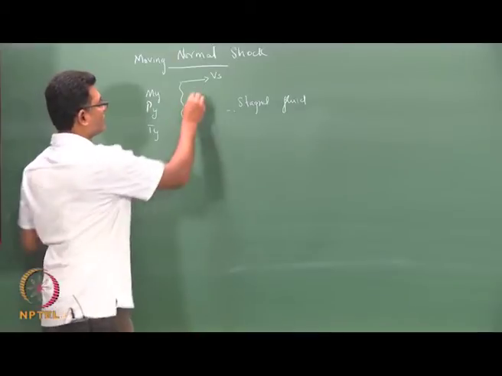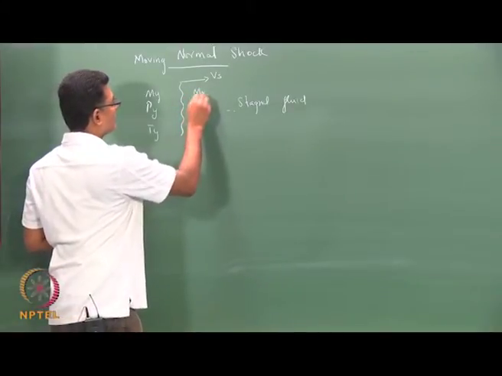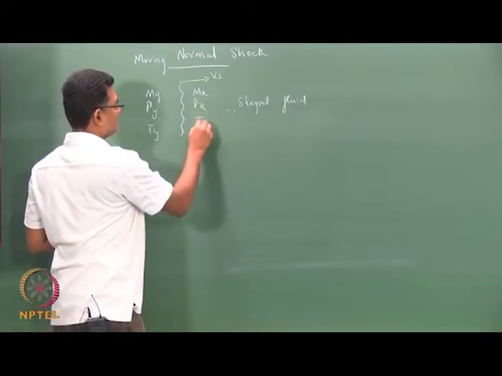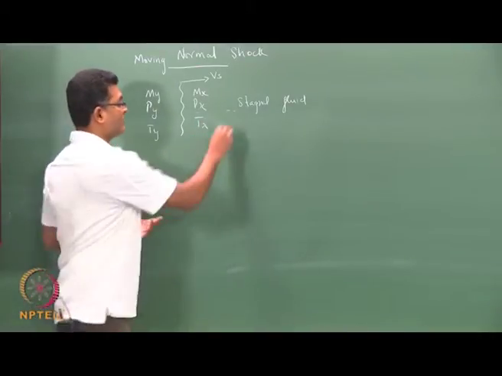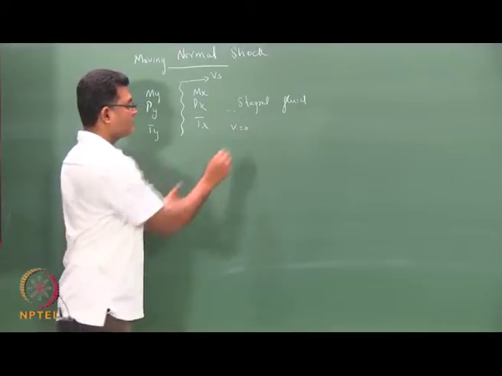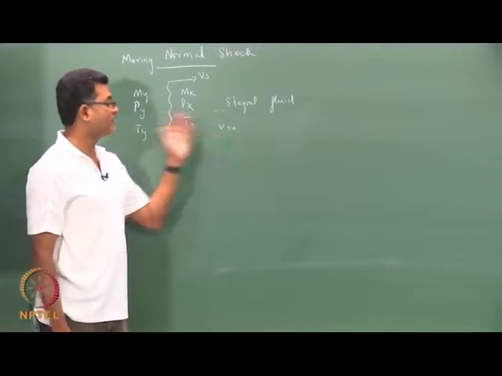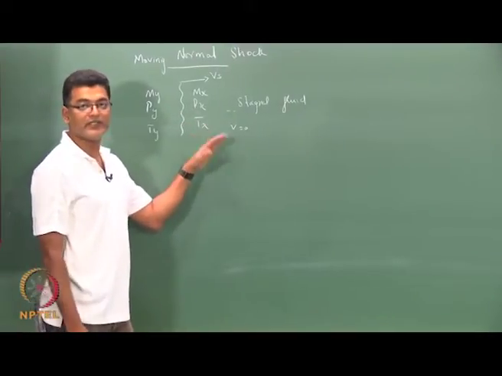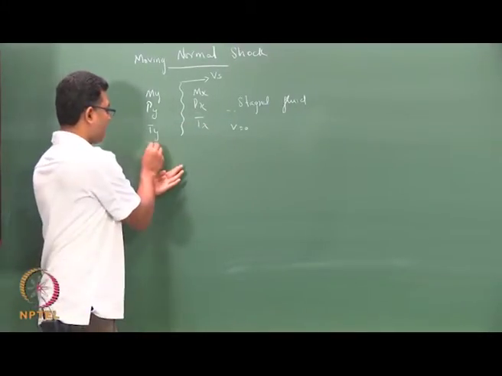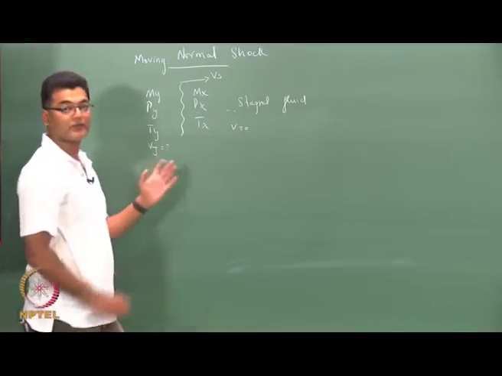Before the shock is my Mx, Px, Tx. The fluid here has 0 velocity before, so V equals 0 in this case, but as the shock comes and hits the point, the velocity changes. So, I have a Vy.